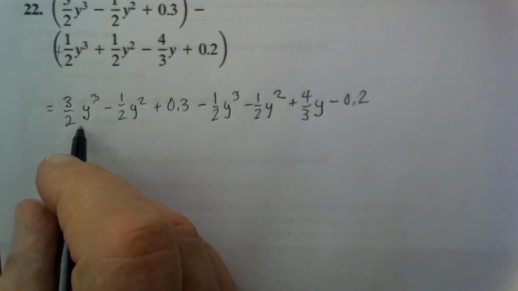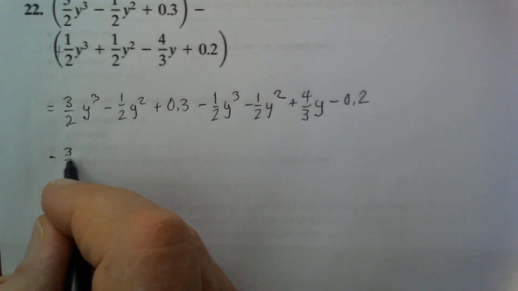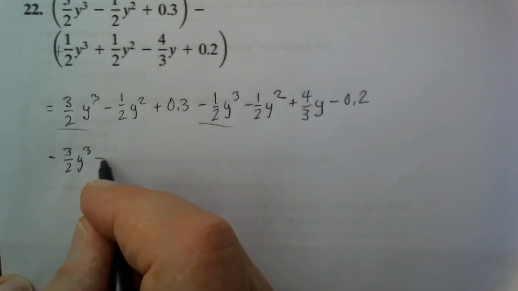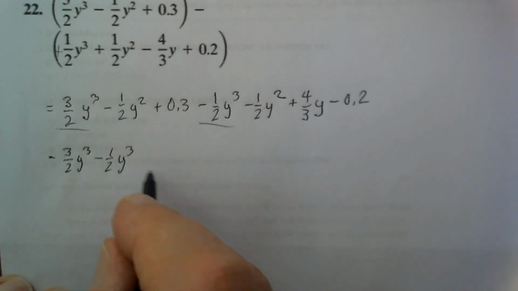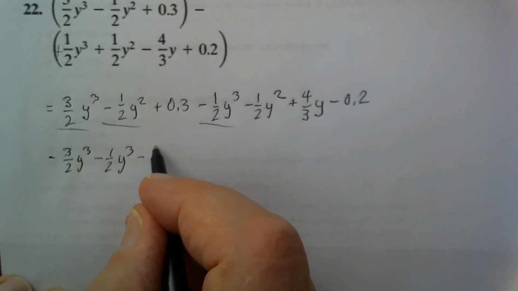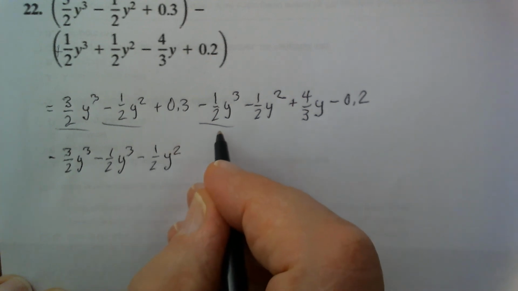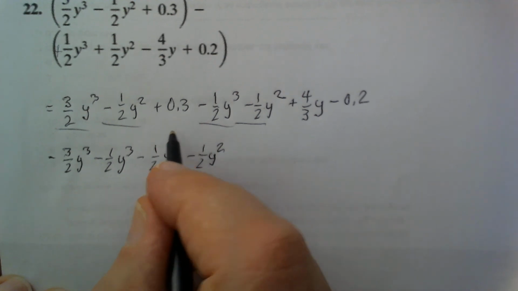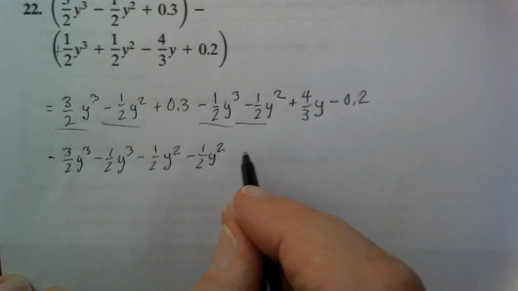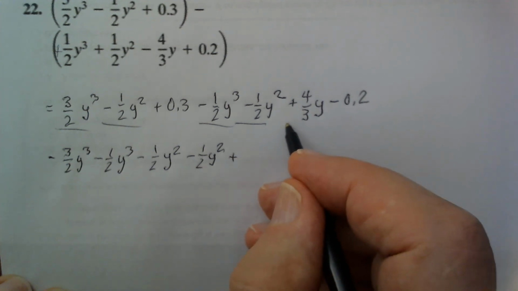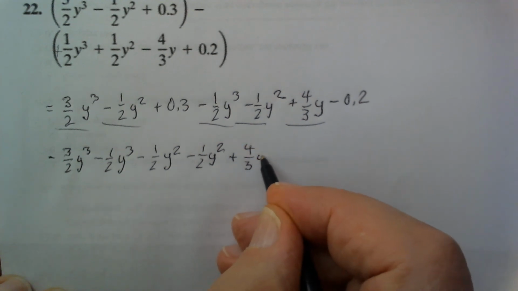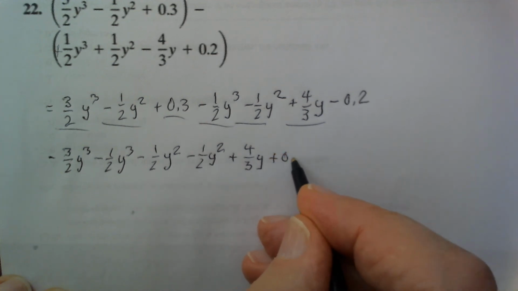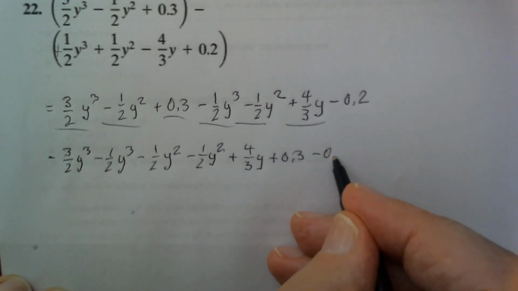And so there are two terms of y to the 3rd, so 3/2 y to the 3rd minus 1/2 y to the 3rd, minus 1/2 y squared, another minus 1/2 y squared, and then we have a 4/3 y, and 0.3, plus 0.3 minus 0.2.